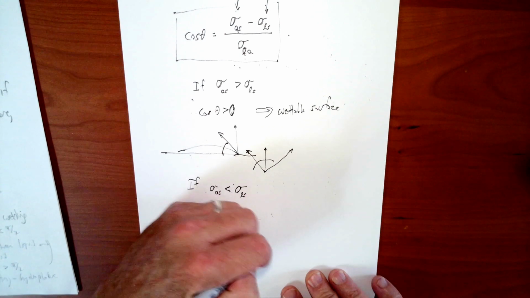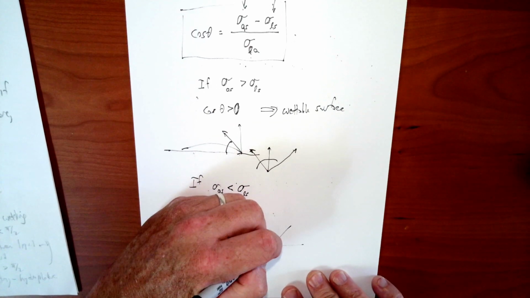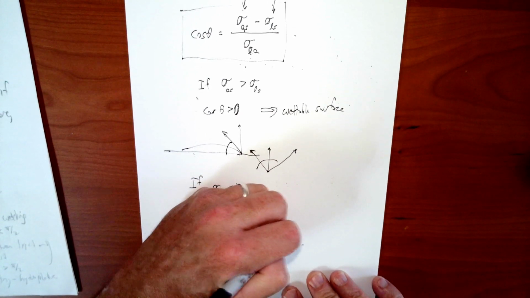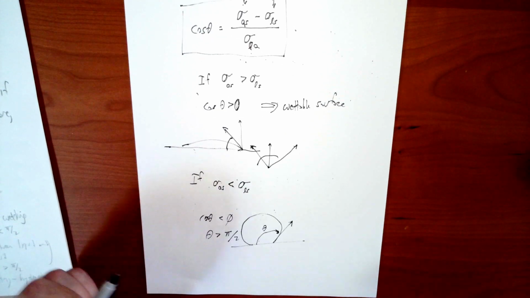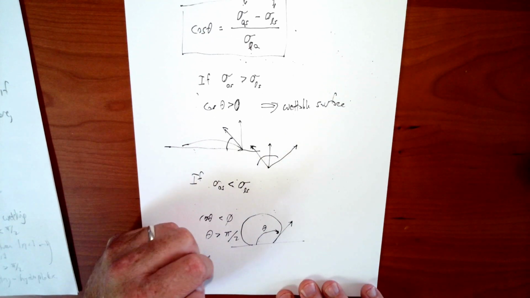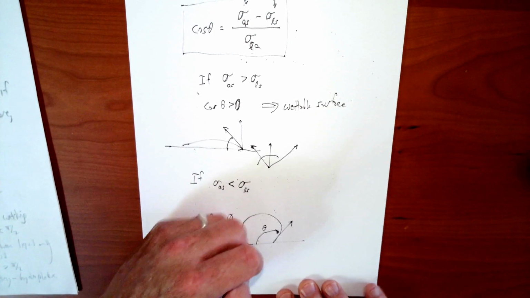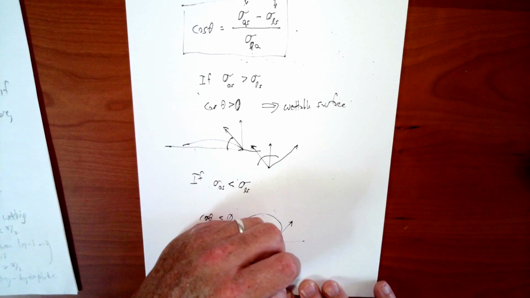Remember, we're measuring theta from here, so that's going to be bigger than pi over 2. So I'm going to get one of these droplets that is not spreading out. That's going to be a non-wettable surface, or you could call this hydrophobic, if it's water.